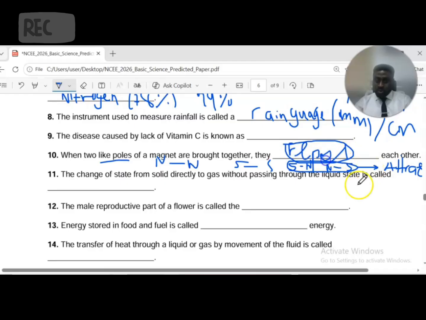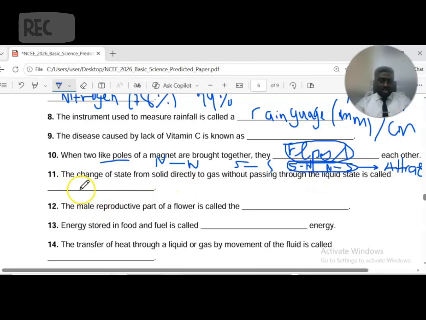But in a case where you have two different poles, either the south facing the north or the north facing the south pole, once you bring them together, the magnet attracts. It will attract to each other due to the magnetic force of attraction, and their magnetic field is very strong. But in the case of like poles, they will repel this way. They'll keep going apart. That's repulsion, because they are not compatible and the force of attraction is not enhanced in that case.